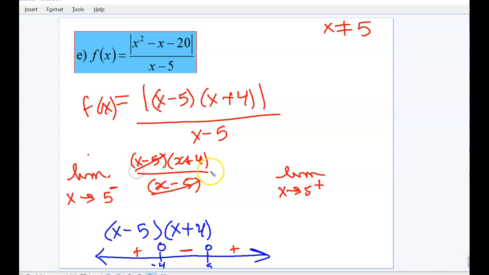So these are going to cancel. 5 plus 4 means my limit coming from the right is going to be 9. Now, if I approach 5 and the limit's coming from the left, I have to use the negative of the absolute value.